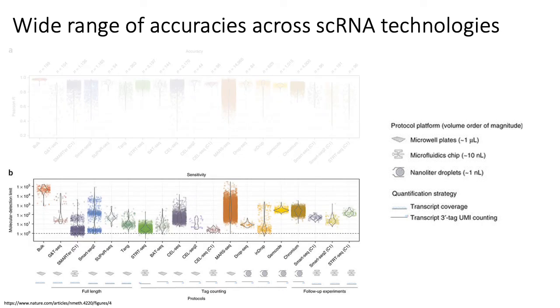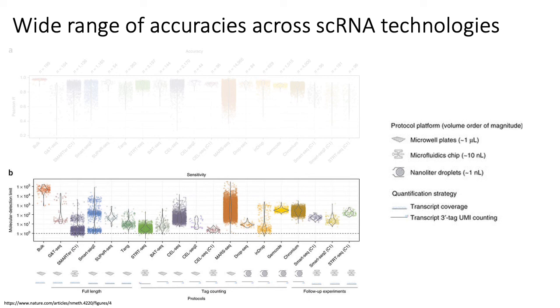The second metric that they measured is sensitivity, which is precisely defined here as the molecular detection limit. The molecular detection limit is defined as the minimum number of input RNA molecules that you need in order to confidently detect a gene, or in this case, a fake gene.